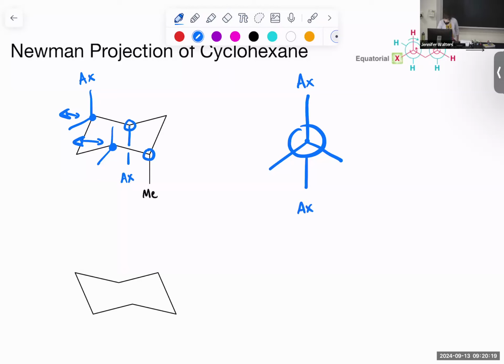And then I get a normal shaped Y. My equatorial positions are out to the sides. So these are the equatorial positions, out to the left for the left eye. Then the middle of the chair is going to be to the right on that Newman projection, in the middle of the Newman projections.